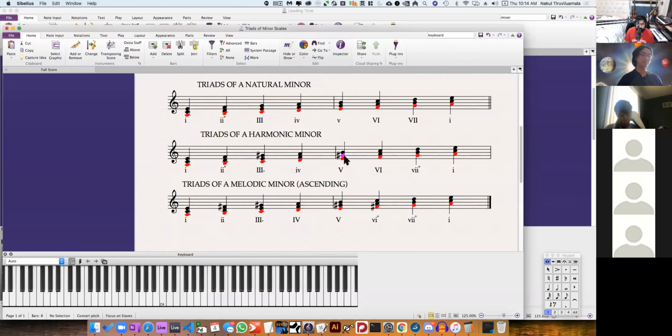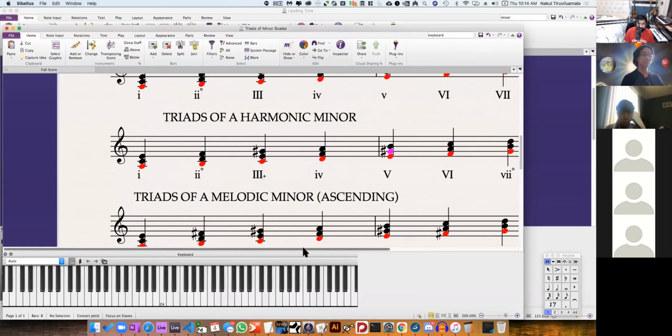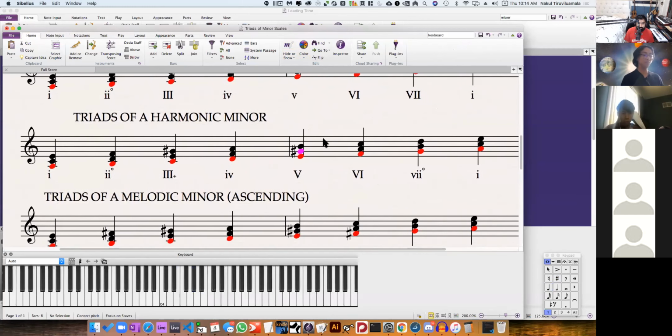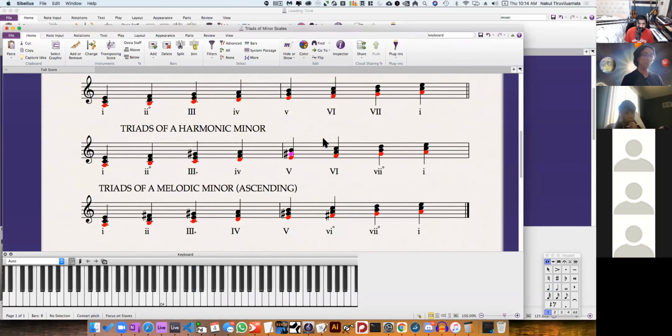Now, what color did I make this note? Pink, or lavender, right? And why would I make it lavender? Any idea? Why would I make this note lavender?